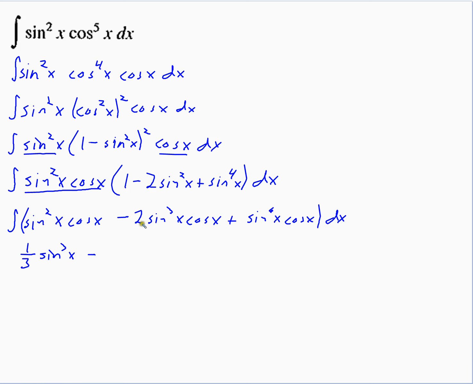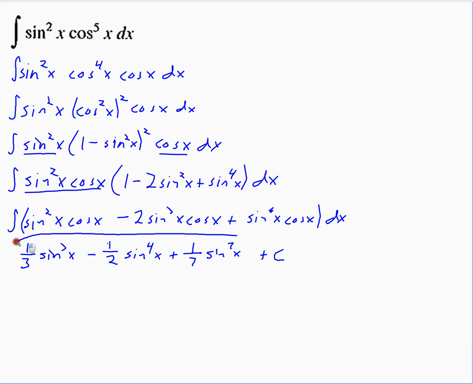It's going to be a 2, but it'll be 2/4 actually, because we'll have this 1/4, so we have 2/4, which is 1/2. Sine to the 4th x, and this last one will have 1/7 sine to the 7th x plus c. And that will be our answer.